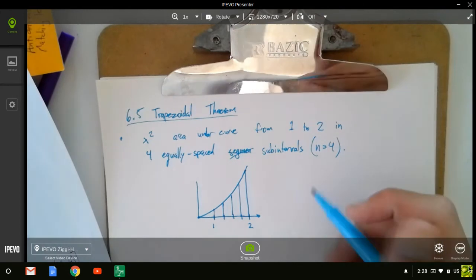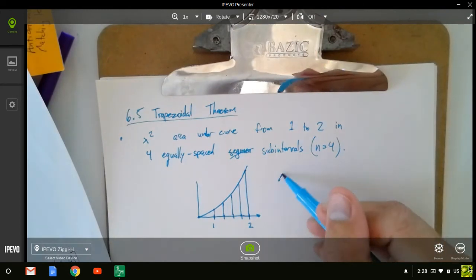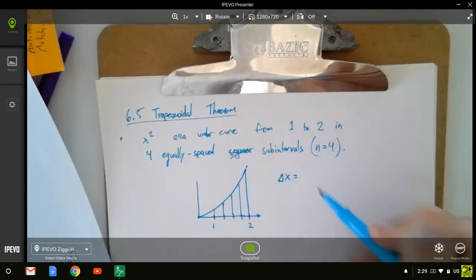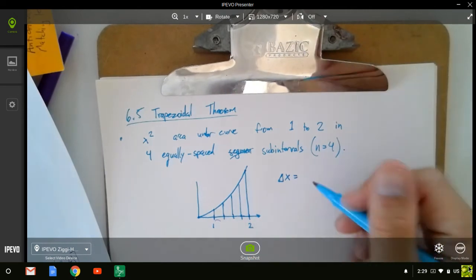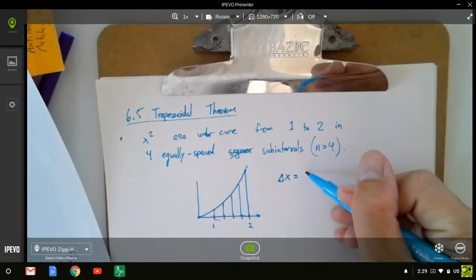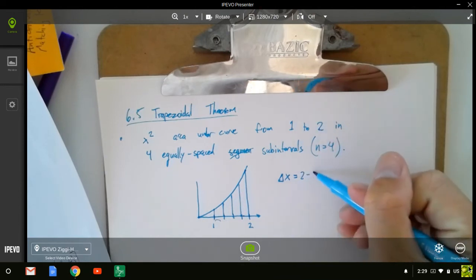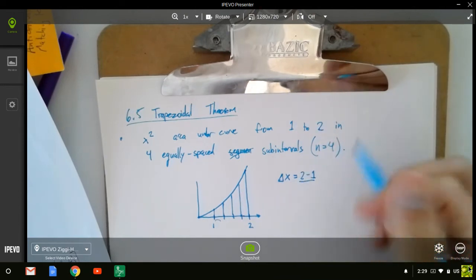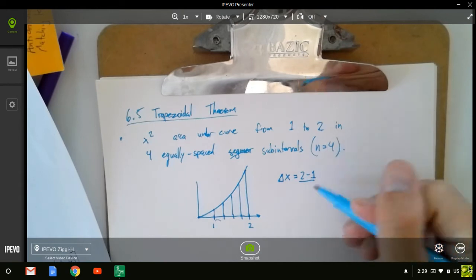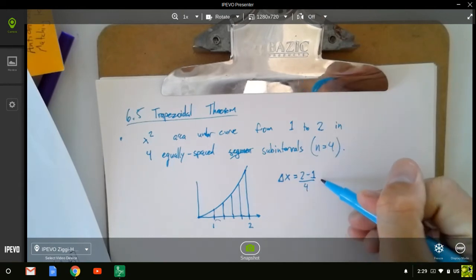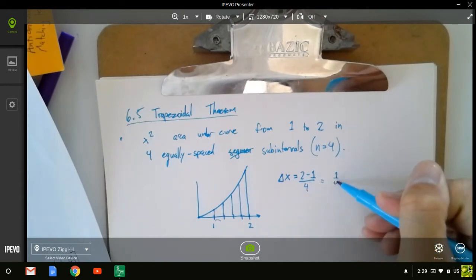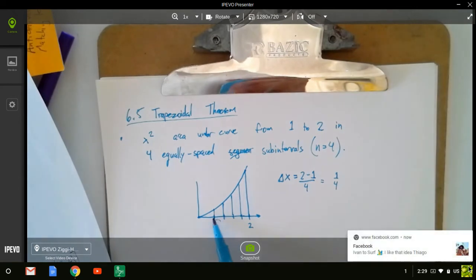So the formula for finding these segments would be: you take the range, the bigger number, 2, and you subtract 1, and then you divide it by the number of intervals you want, which is 4, so that'd be 1/4. That tells me that each of these is 1/4 wide.